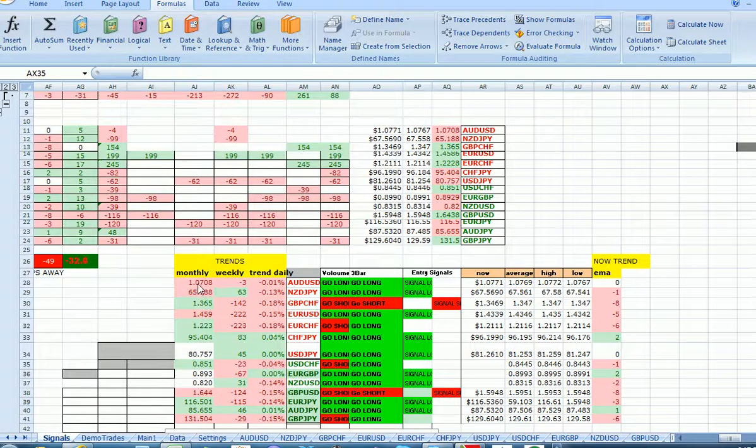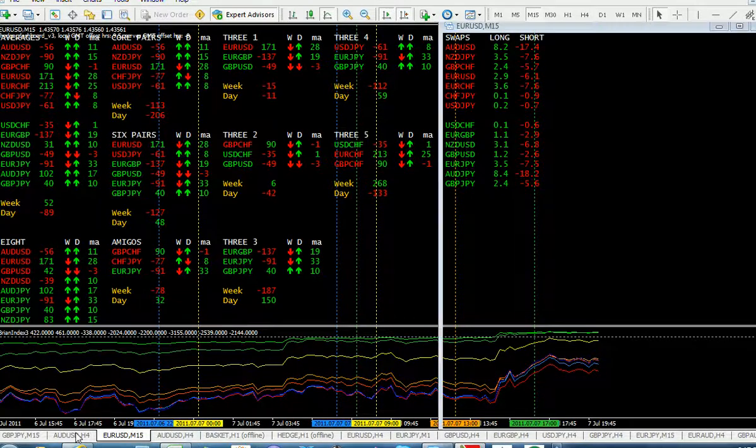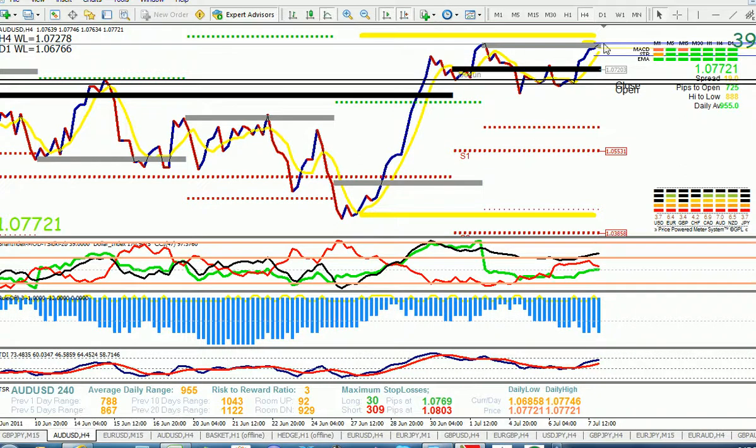In this instance, the monthly, the weekly and the daily trend is short right now on the Australian dollar, and it's saying we should go short now.